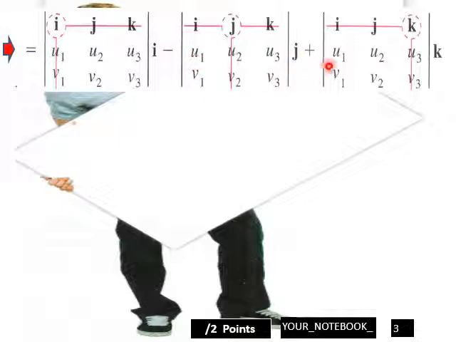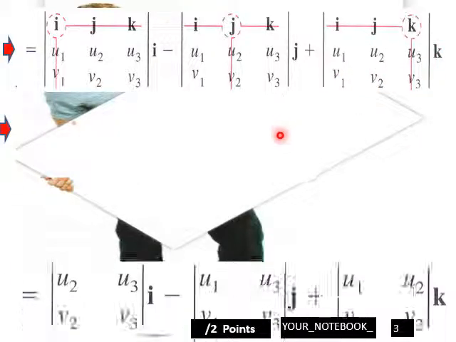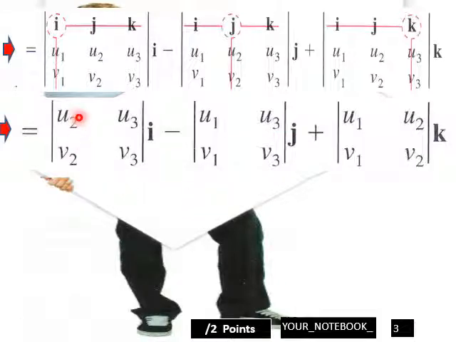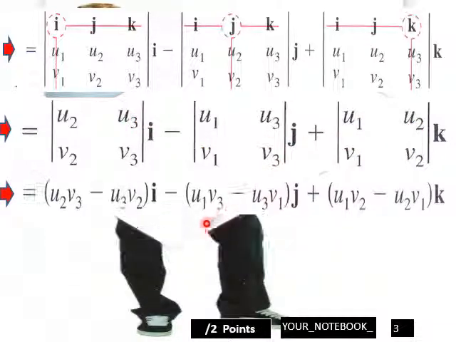And then for k here, you obliterate that row, you obliterate this column: u1 v2 minus v1 u2 times k. So it's just like chapter 7 again, and then this is what you end up with, u2 v3, etc. You end up with these matrices here. And this is how that was derived.